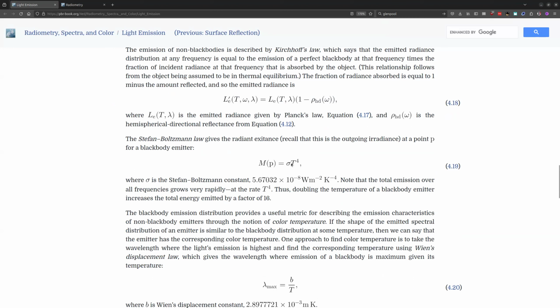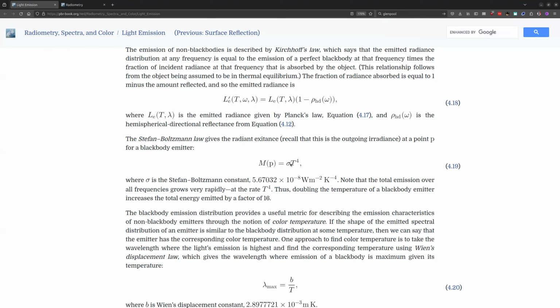Oh, so the amount of energy being thrown out by an emitter is proportional to the fourth power of its temperature times the Stefan-Boltzmann constant. Did I say proportional? It's equal to. Meaning a 1,000-degree surface versus a 2,000-degree surface.